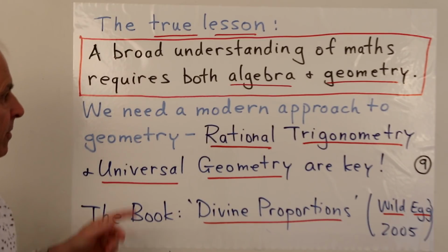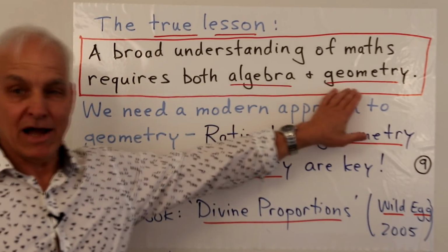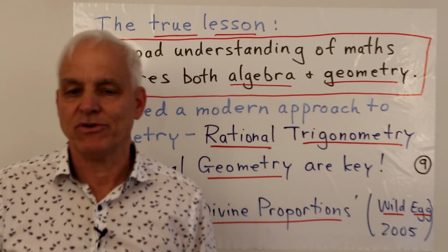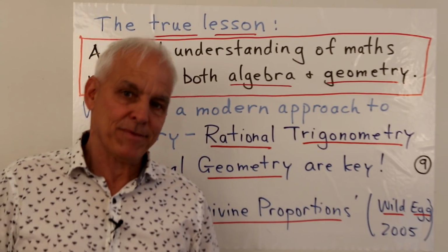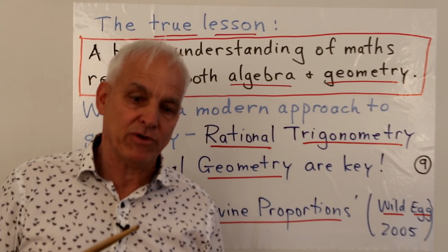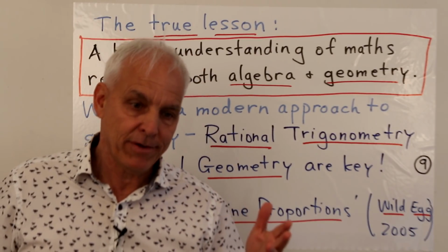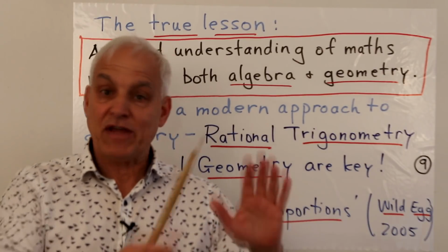Now, for this to happen, we really need to modernize our approach to geometry, because our current approach to geometry is actually rather prehistoric. It's based on classical Euclidean geometry, which is not really Euclidean geometry. It's based on angles and lengths, which actually Euclid was careful to avoid.